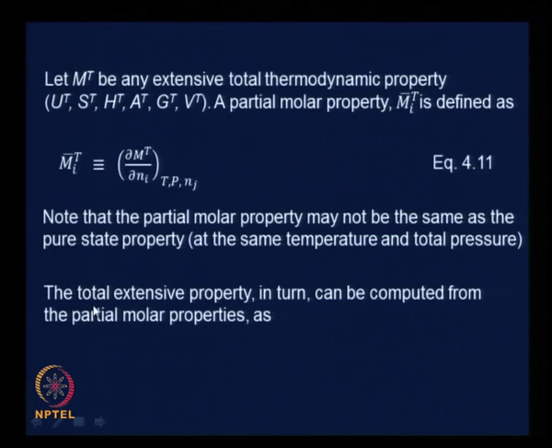The total extensive property in turn can be computed from the partial molar properties, as Mt is nothing but the sum over Ni times the corresponding partial molar property M̂it. So this is a simplistic formulation. To be able to do this, we go in for a conceptual partial molar property.